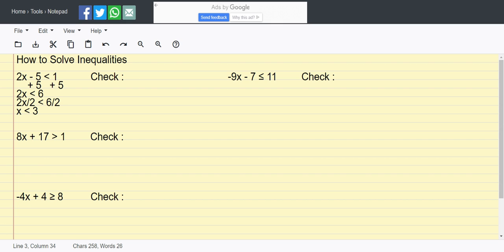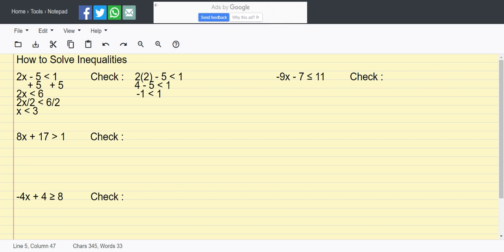So let's put 2 into the x value because 2 is less than 3. So 2 times (2) minus 5 is less than 1. 2 times 2 is 4, minus 5 is less than 1. 4 minus 5 is negative 1, and negative 1 is less than 1, so this is true.